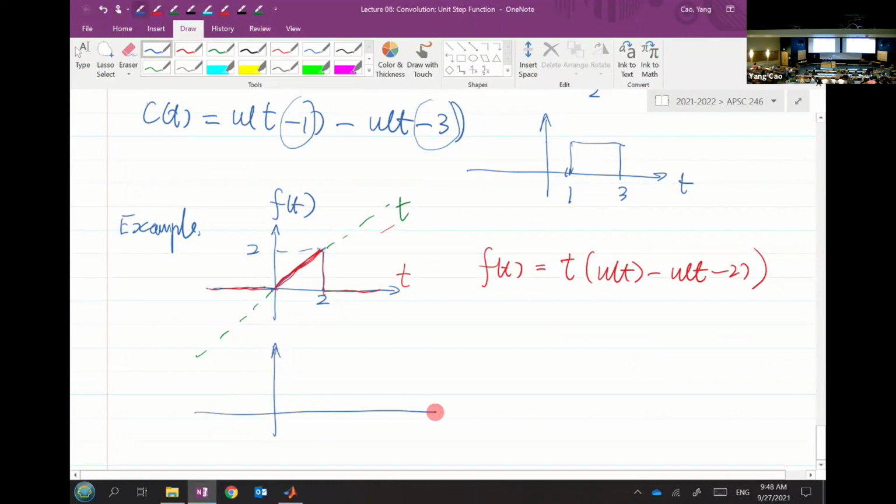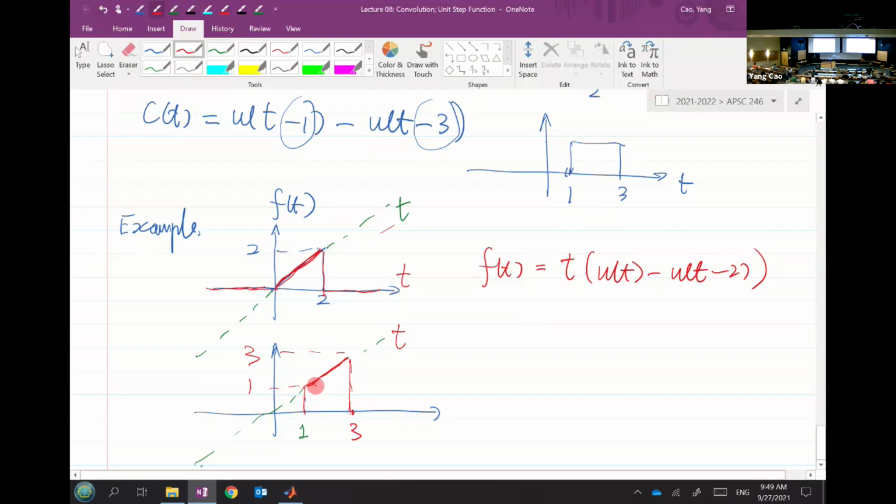So a quick exercise. Let's suppose your function is a segment of this t, but within this part.